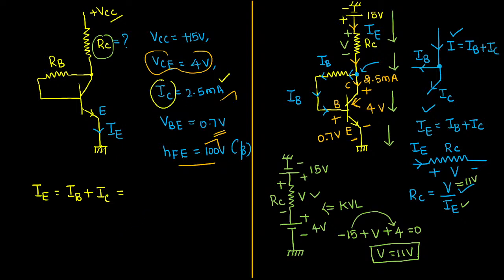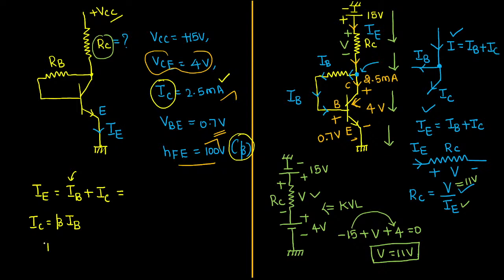See, collector current is given, beta is also given. What I am going to do now is write the base current in terms of collector current, such that in one step we can figure out the answer. How will you write this relation, sir? We all know collector current IC equals beta times base current.